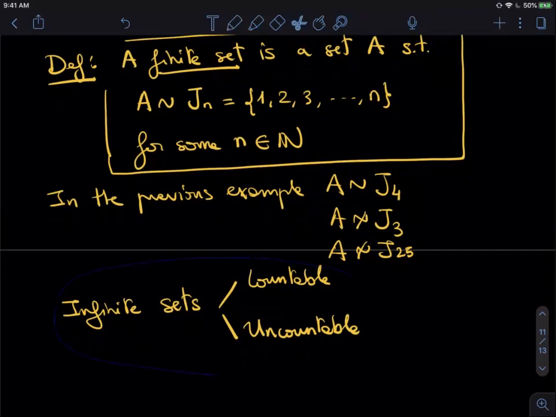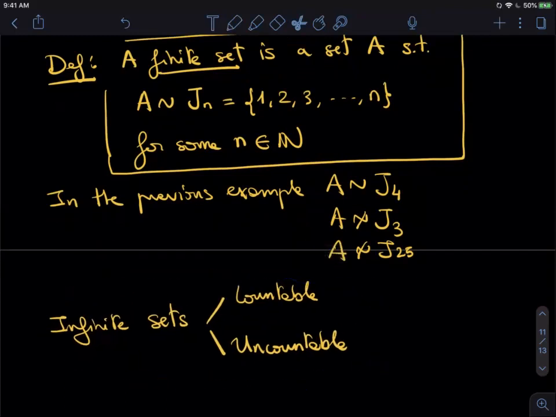A set that is countable is a set that we can start counting elements, and if we have infinite time, we would eventually go through all the elements, but it's an infinite set. Uncountable is if we cannot establish any rule. But what I'm saying is a little shaky, because when you have infinite sets, even the equivalence that we have defined, like having the same number of elements, you need to be careful with that.